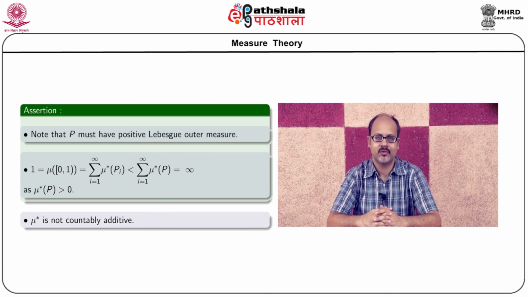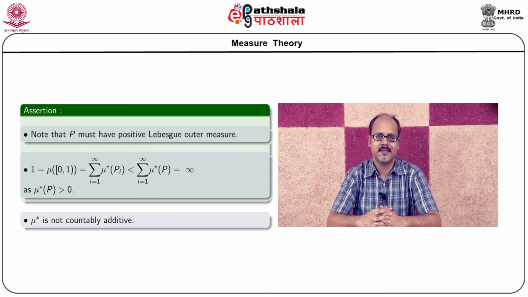We have shown you that these sets Pi are pairwise disjoint and their whole union is [0,1).